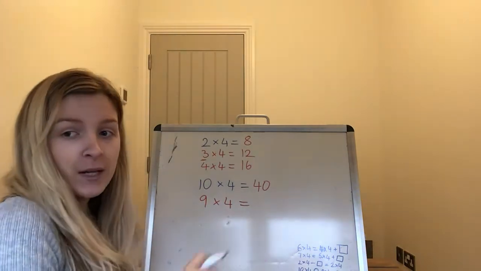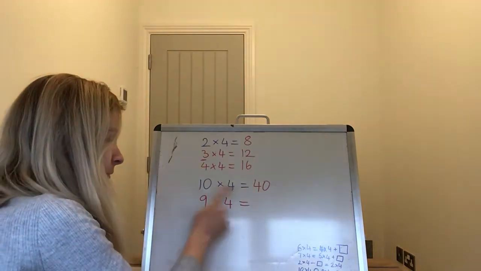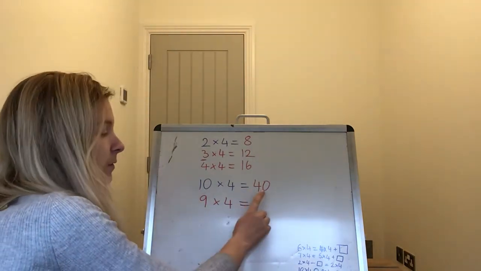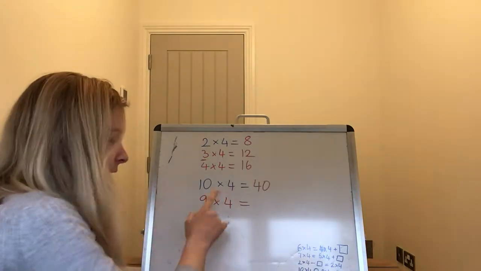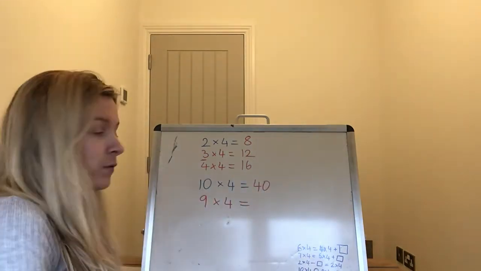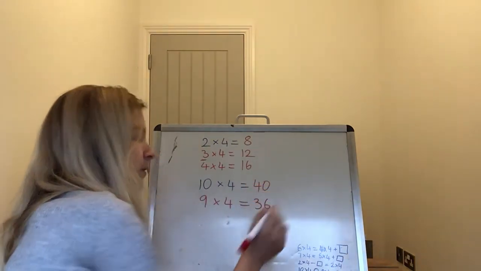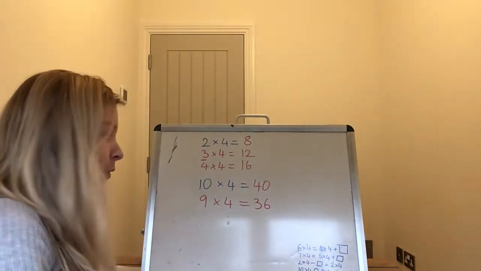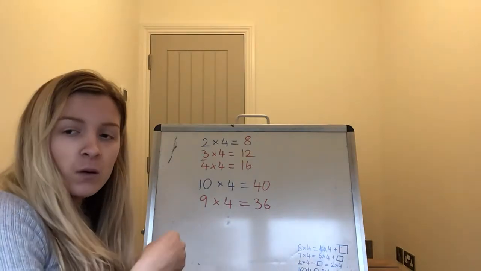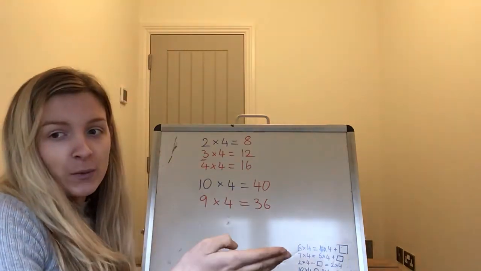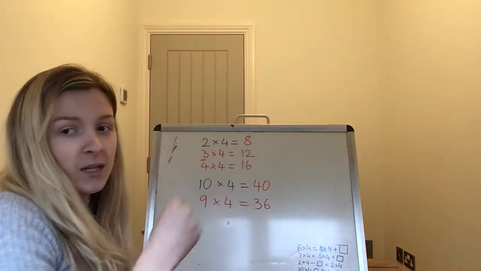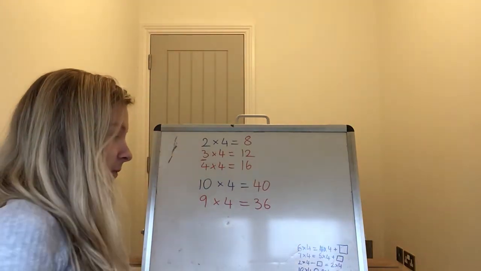How can we use this then to work out 9 times 4? 9 times 4, tricky. 10 times 4 is 40. 9 times 4, if we just take away one lot of 4, take away 4 leaves us with 36, okay? We're adding or taking away a group of 4 as we need to get to the sums that we find tricky.